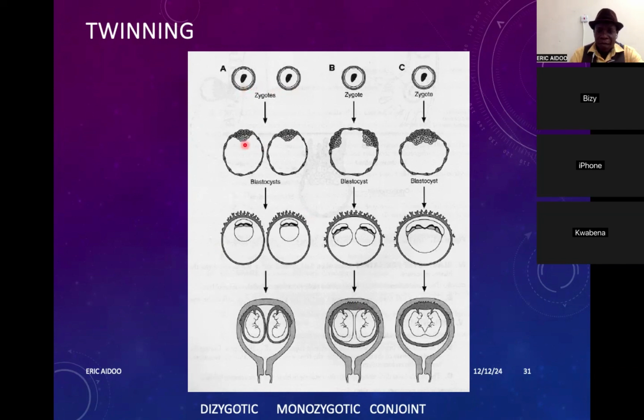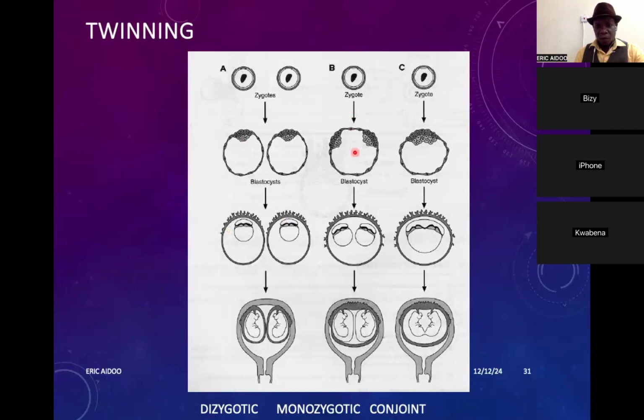And so their sexes usually are different. And then also they have different genetic makeup because of the different eggs and then the sperm that produce them. They also have different placentas and then different chorionic membranes as well as different amniotic membranes.